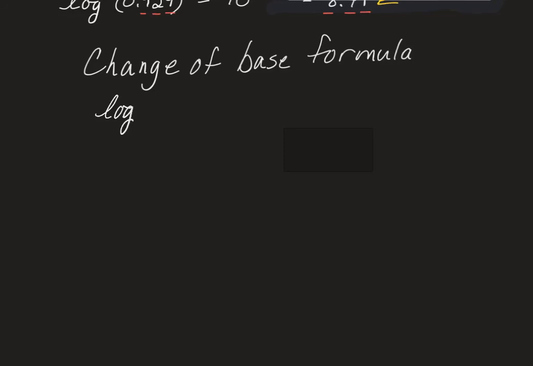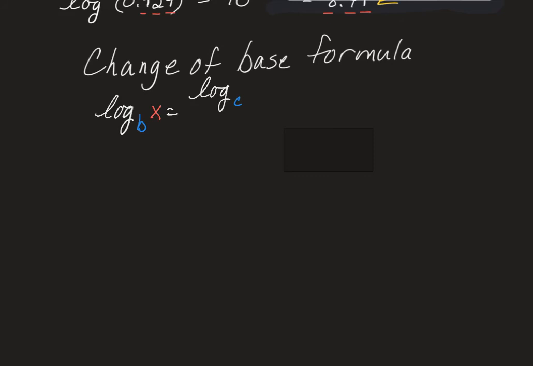Let's go back to using the different colors. So log base b of x equals, all right, so for any base, you can convert this actually to any base you want to.